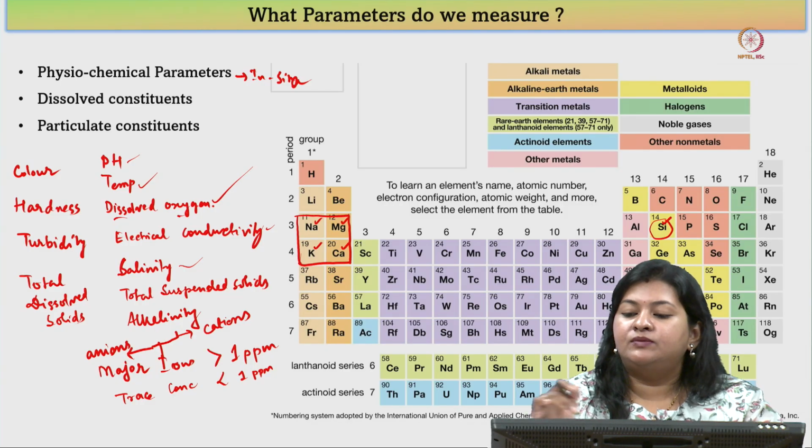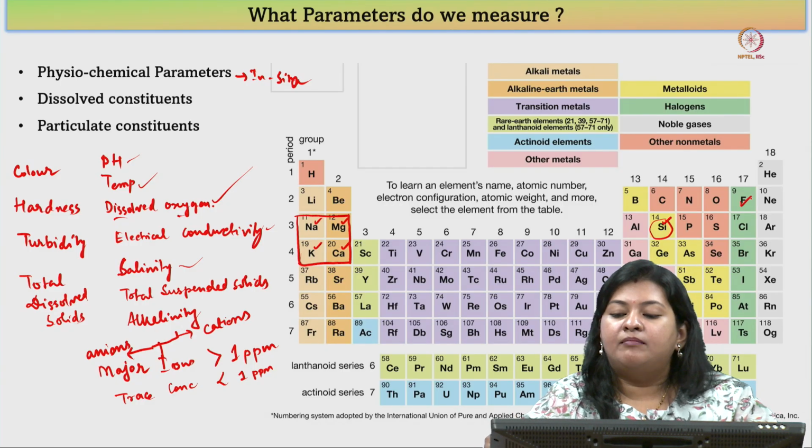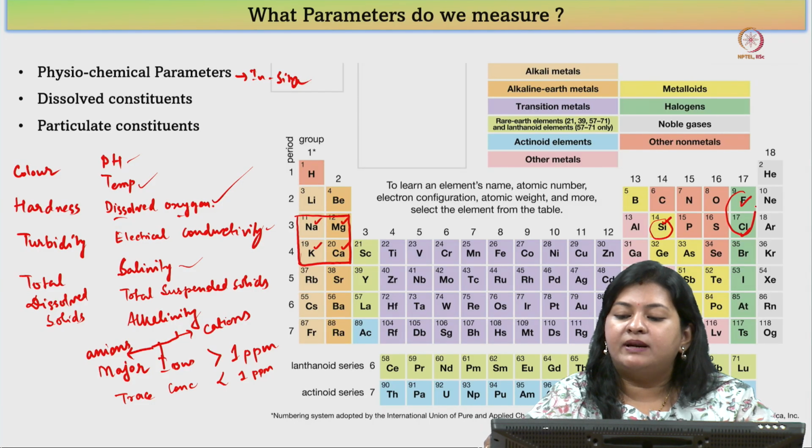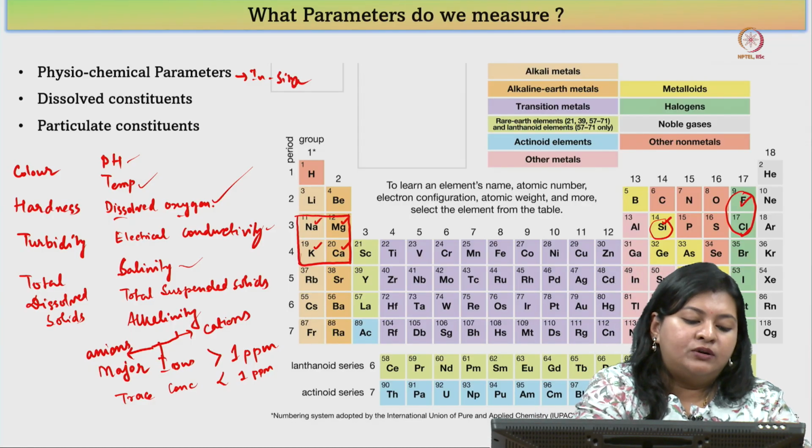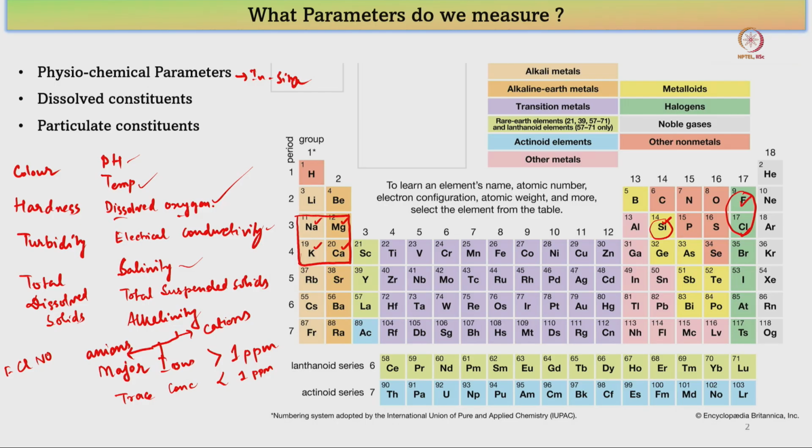So, anions will be my fluorides, my chlorides, okay. These will be my nitrates, my sulfates. So, these are my anions. Okay. So, the most common ones are fluoride, chloride, nitrate, okay, nitrite and nitrate both are there, and sulfate, and phosphate. Okay.